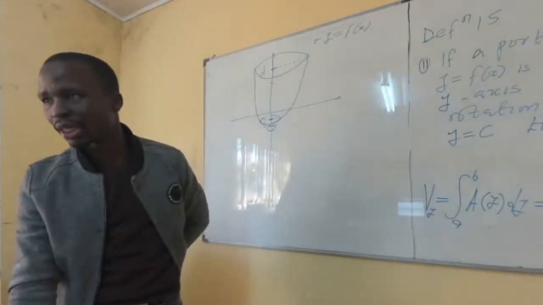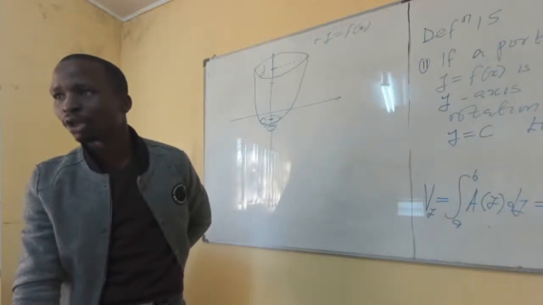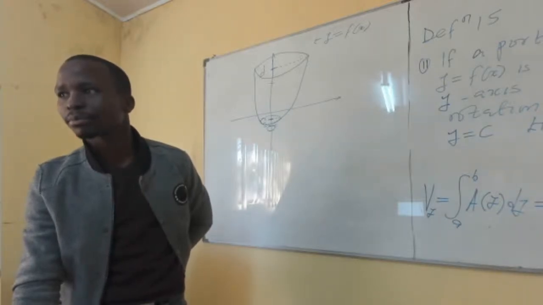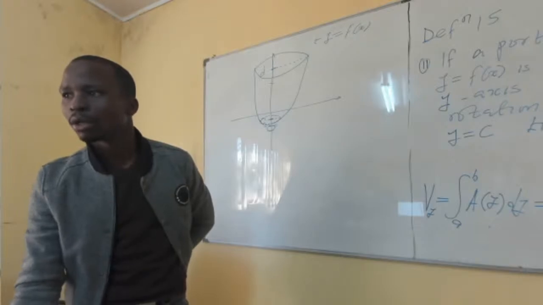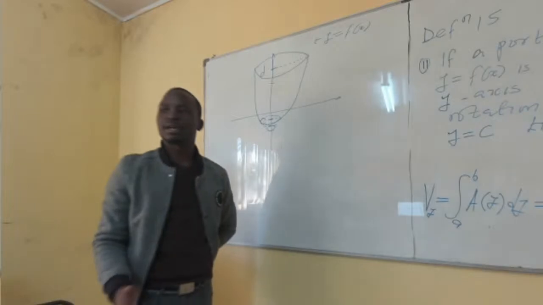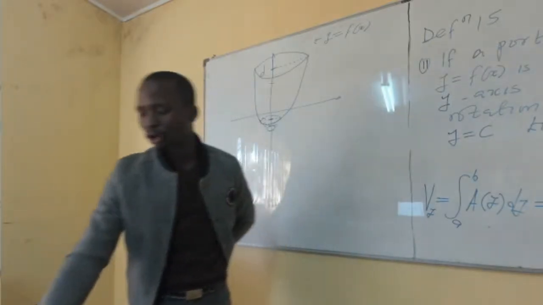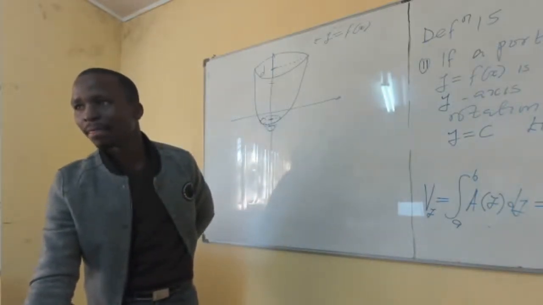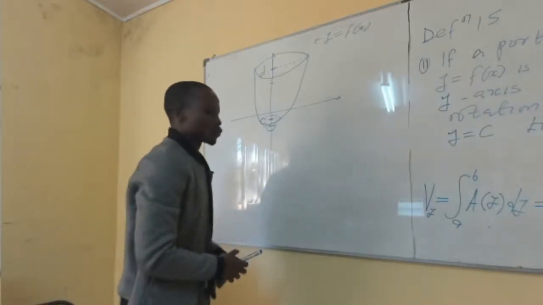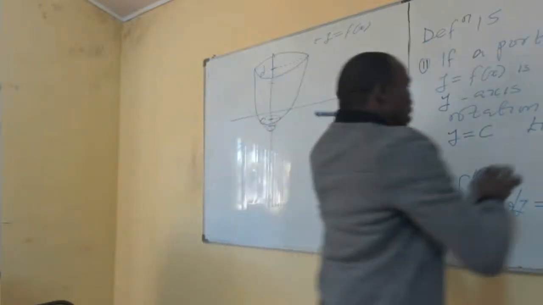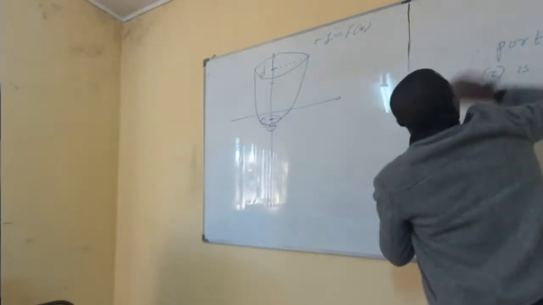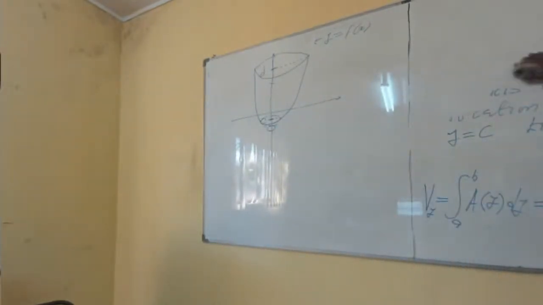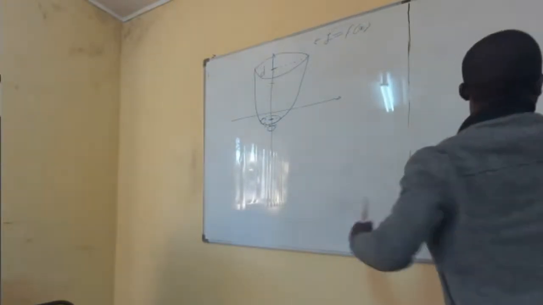Once we are done with this example, we can call it the end of the class, because that is the only part that requires much of our attention. Now, this example number 16, let's look at example number 16.